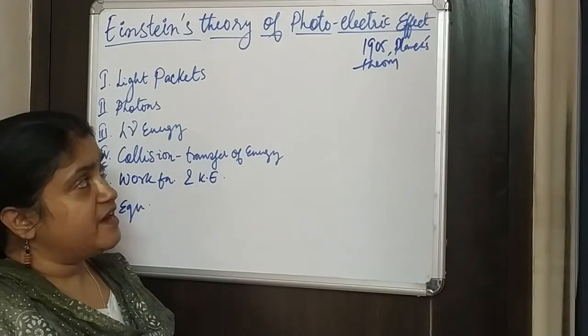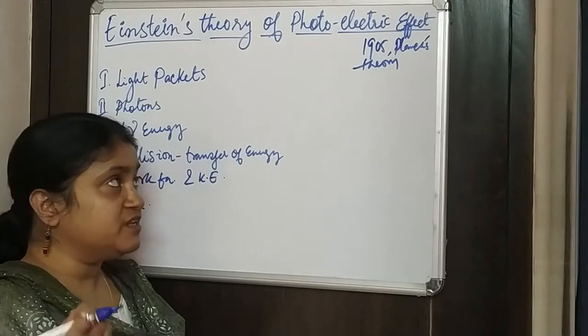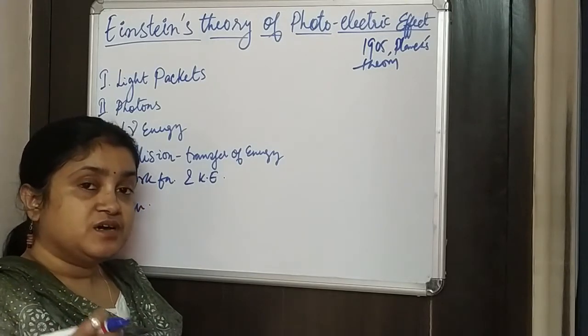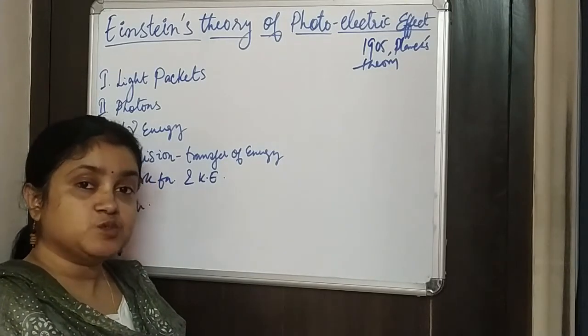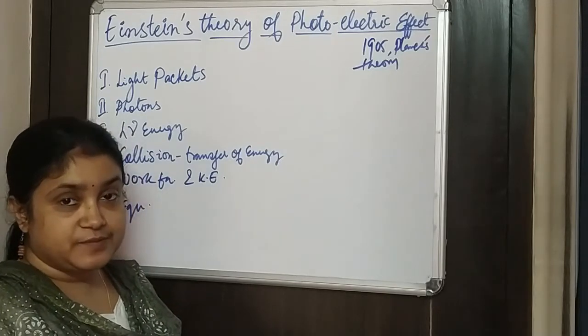Around 1905, Einstein used Max Planck's quantum theory of light.